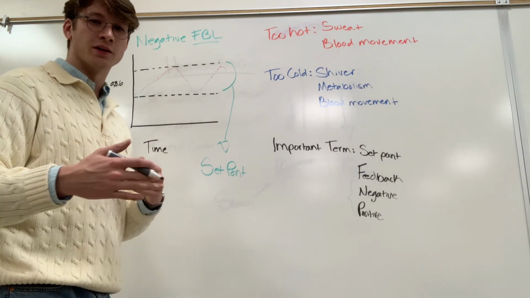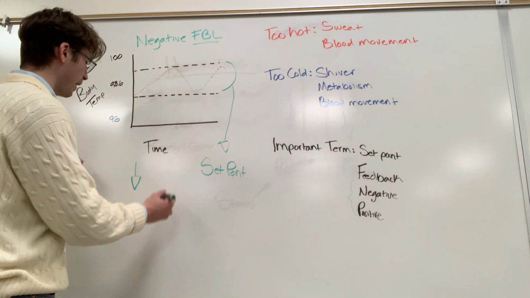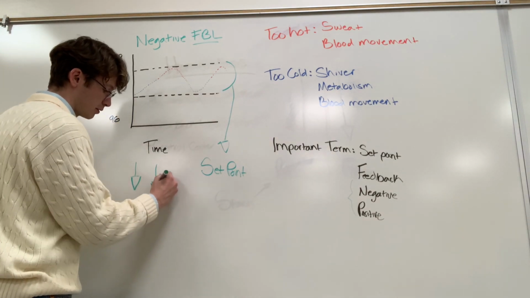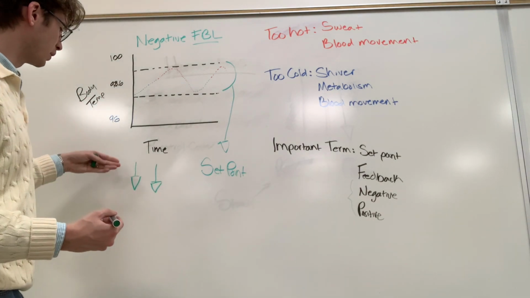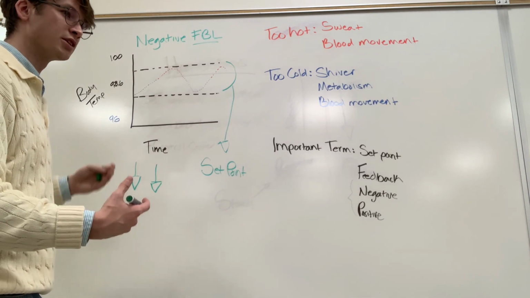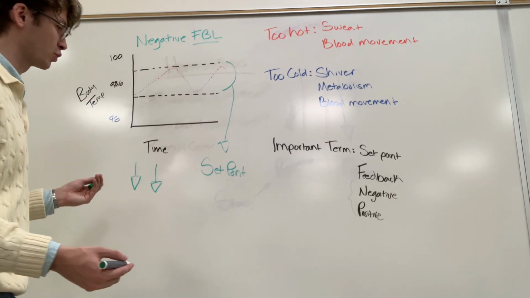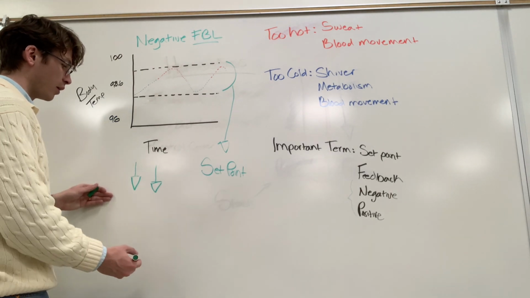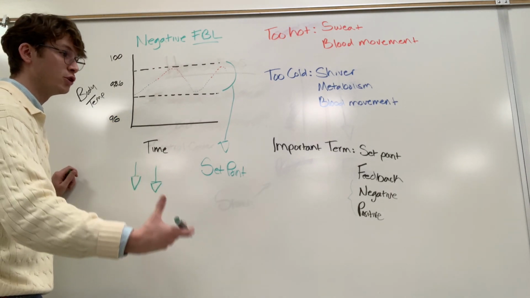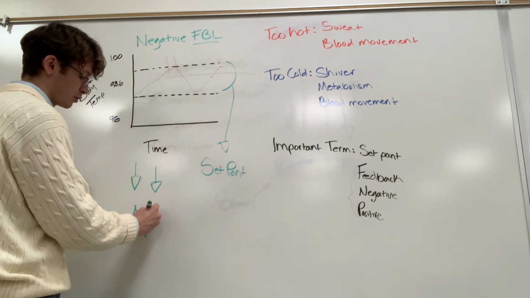But if it can't get us to where we need to be, a positive feedback loop will come in and it will continue to push us down. That's why it's called positive, because the response is going to be similar to that. Because this negative feedback loop isn't getting us to where we want to be. So if something's going down, our response will also be to continue pushing it down. And same if it's going up, the response will be up.